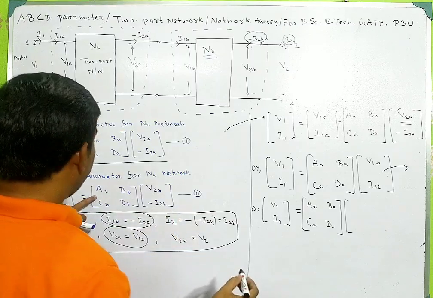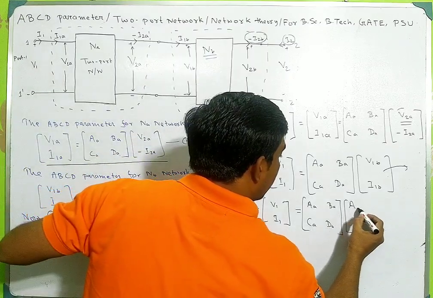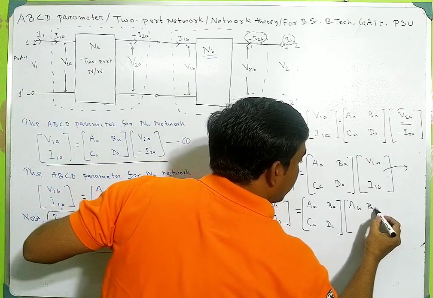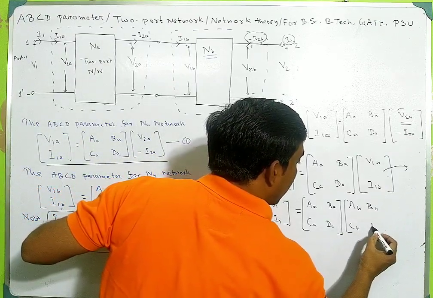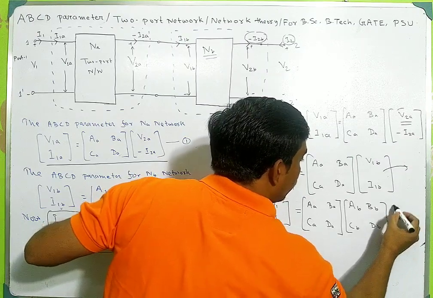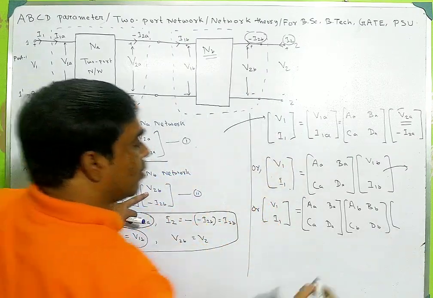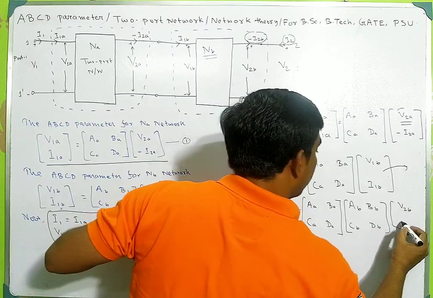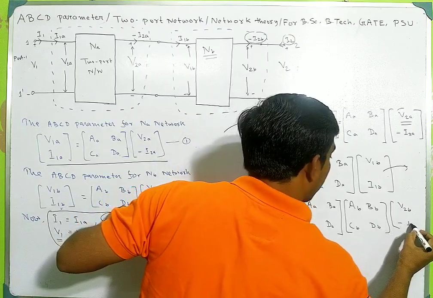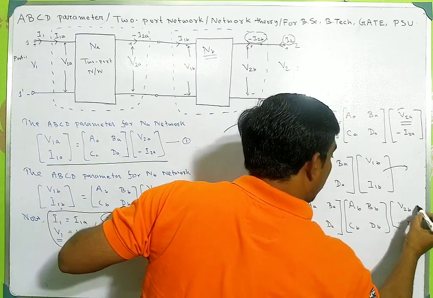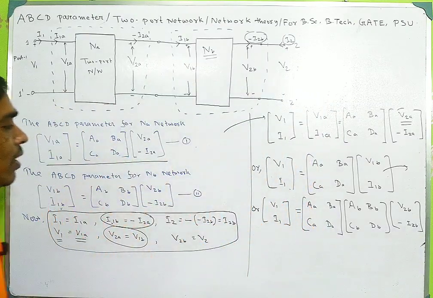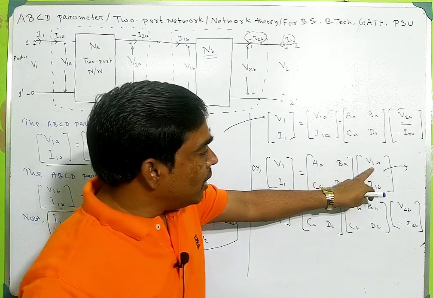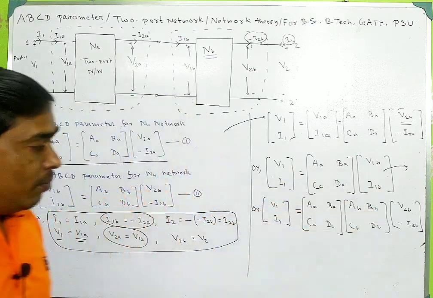So here it will be AB, BB, CB and DB times V2B, minus I2B. So from equation number 2 we put this value V1B and I1B.